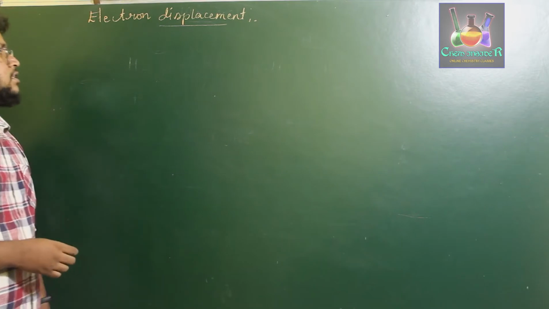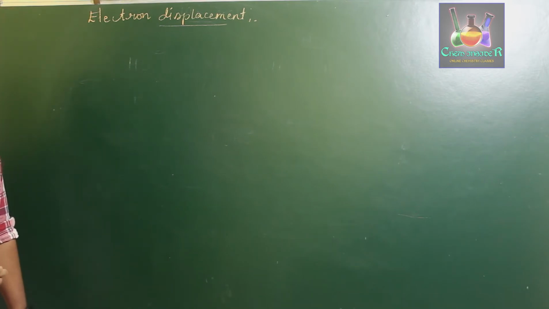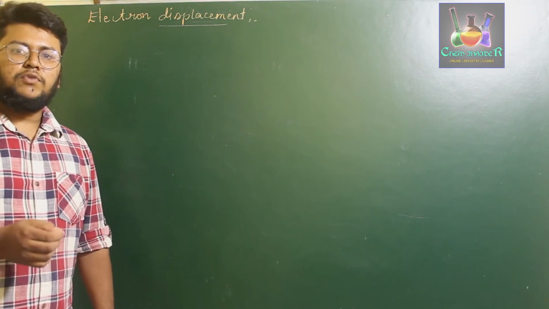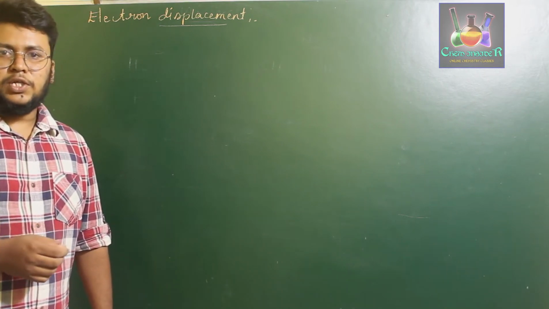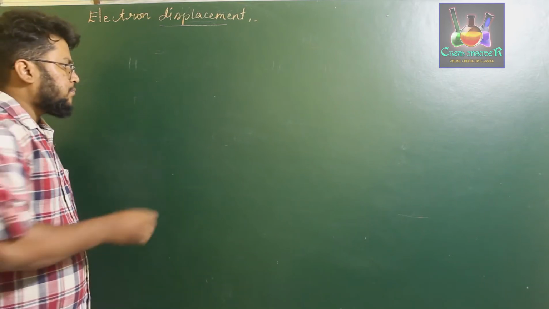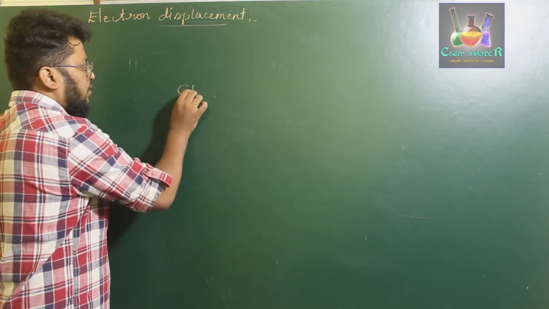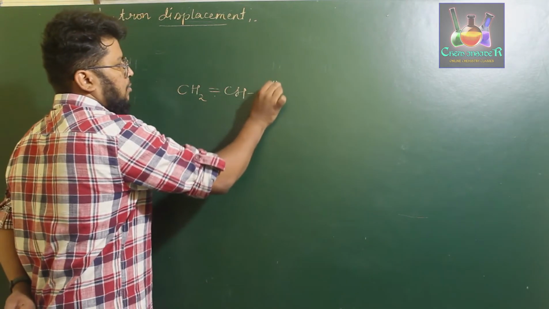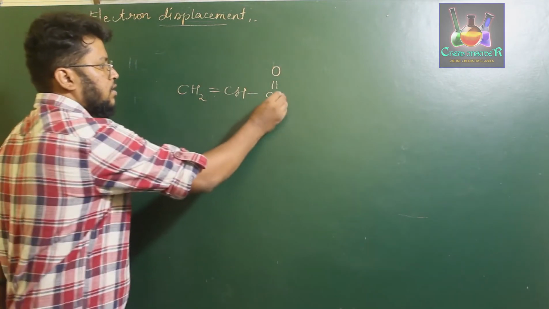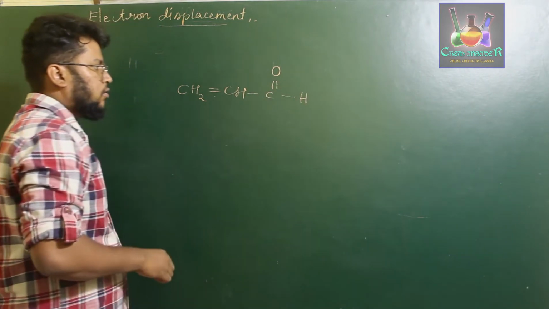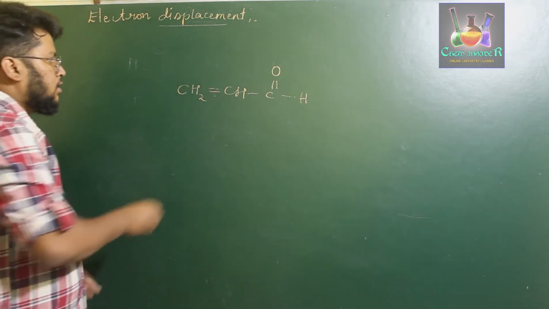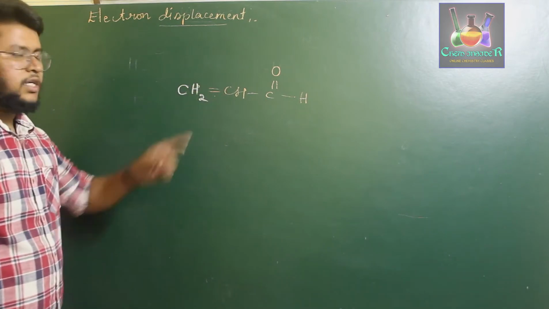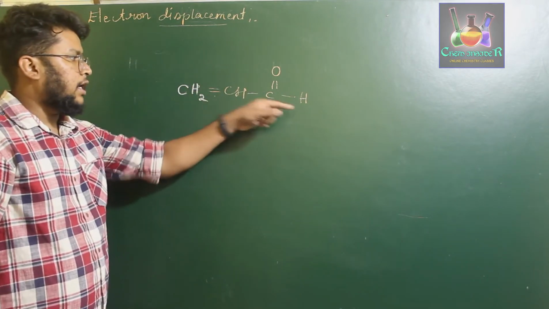Now, whenever you consider an electron being displaced, that clearly influences a polarized species. So, if you consider a molecule of CH2=CH-CH=O, let us consider this species.